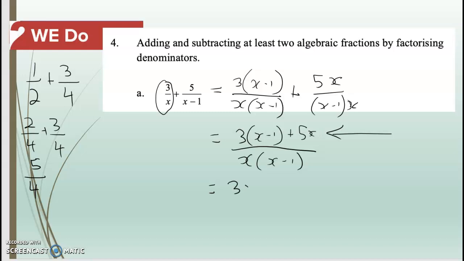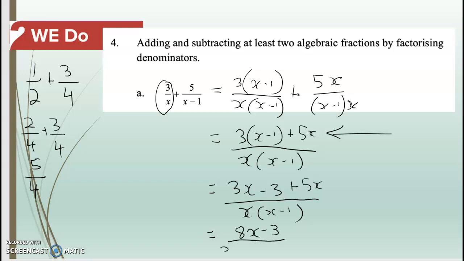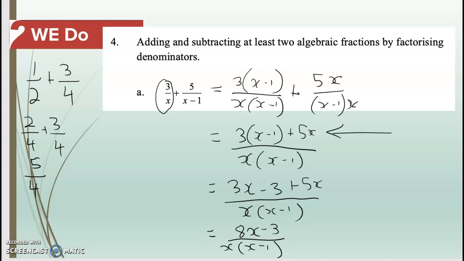So expanding, 3x minus 3 plus 5x over x(x minus 1). Collecting like terms, 8x minus 3 over x(x minus 1). Can't do any more. Hypothetically, if I had a common factor on the numerator and I could factorize that out and cancel, then I would do that.